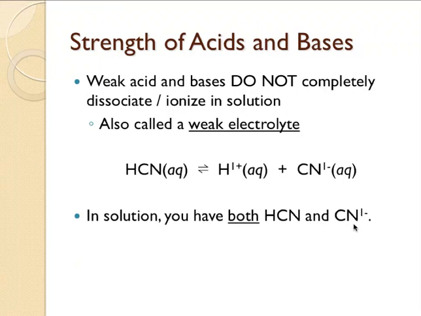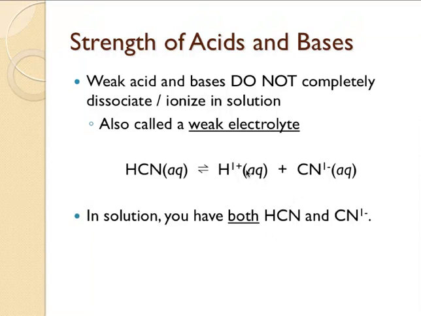Okay. On the other hand, or conversely, a weak acid or a weak base doesn't completely dissociate into solution. It's a weak electrolyte. Okay. It only partially ionizes. So if I have the acid HCN, these arrows mean it does not go all the way to the product side. So in solution, I'm going to have the molecule HCN.